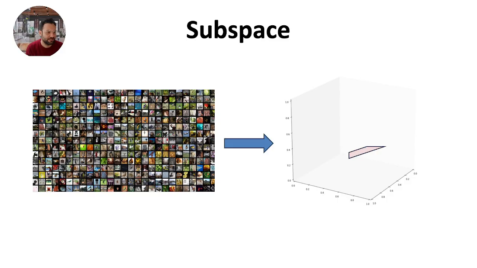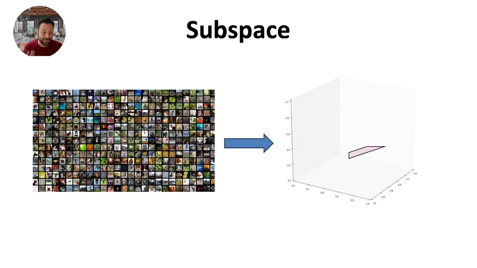Samples from this image data set will all become points on this huge vector space, but they're not going to be everywhere. Remember our little plane, or hyperplane for that matter, a region within that big space that can accommodate my data points of interest.